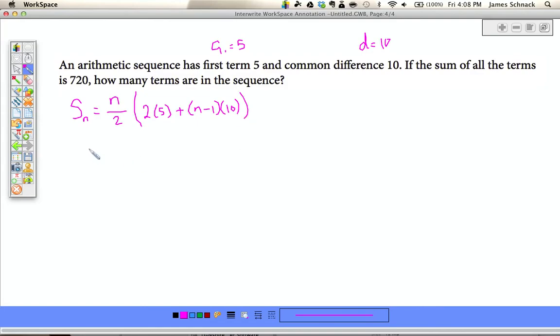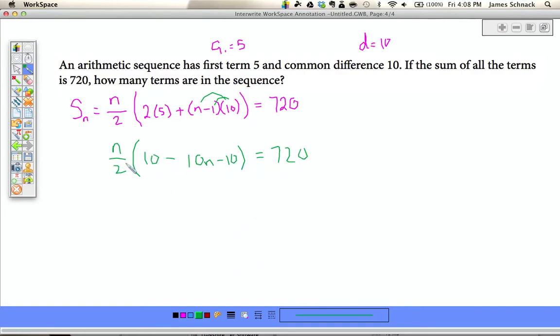Now we simplify and we solve. And this sum, this S sub n, is equal to 720. I suppose that's a very important piece of information for us. Here we go. N divided by 2, 10, that's 2 times 5, and then distribute. 10n minus 10 equals 720.